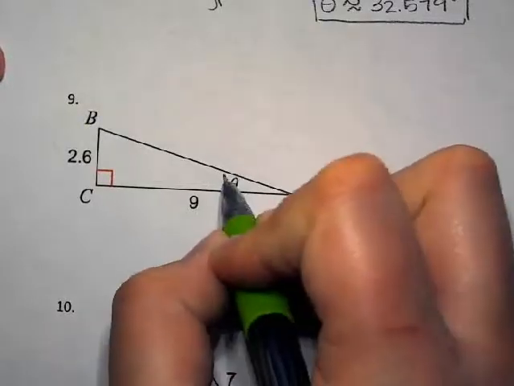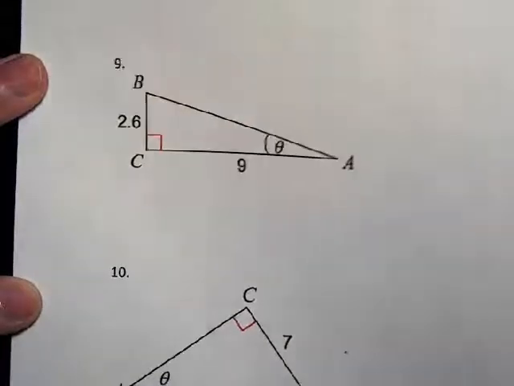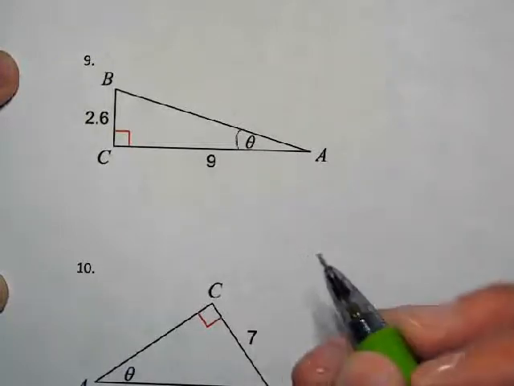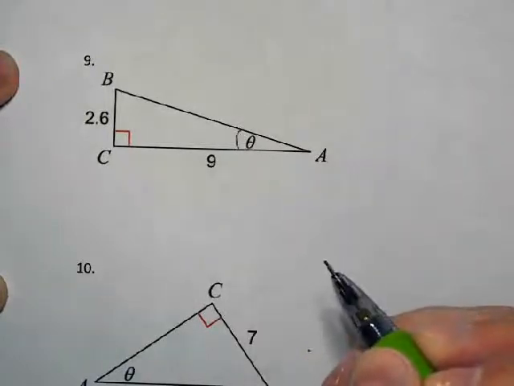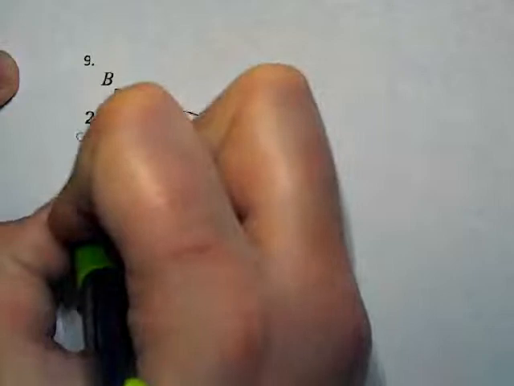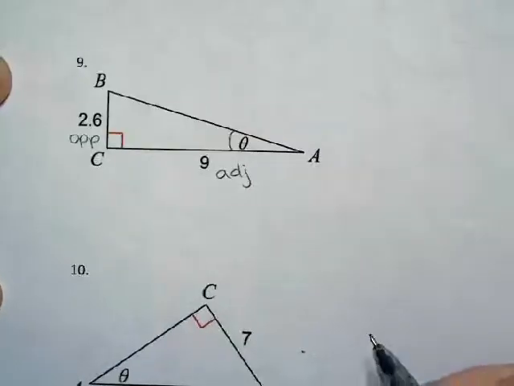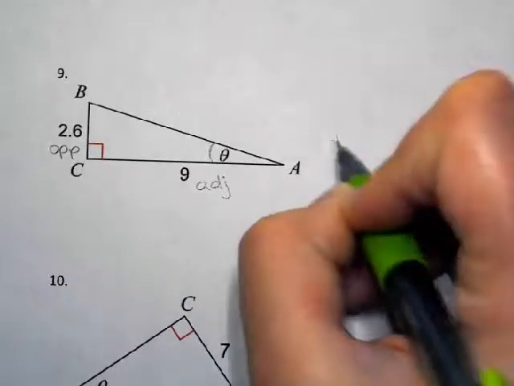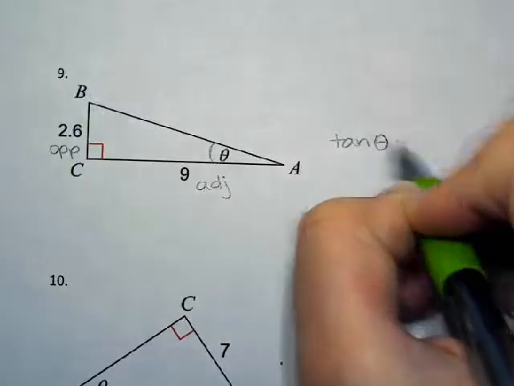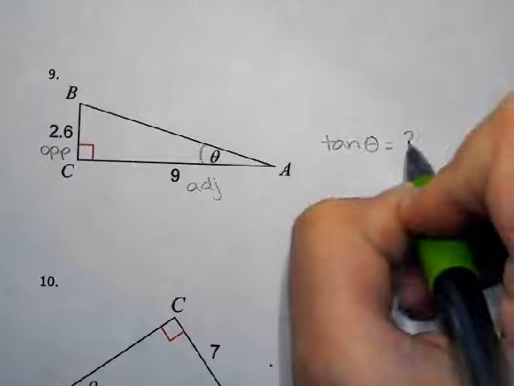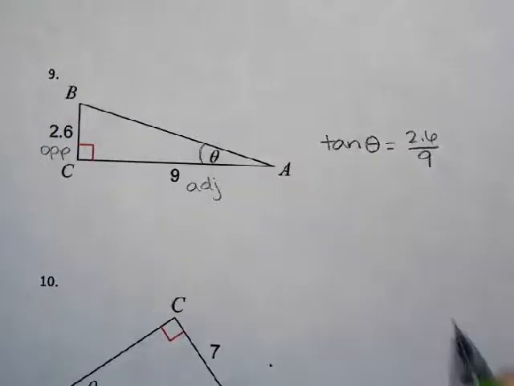All right, here's the theta. What should we call the 2.6? Opposite. What should we call the 9? Adjacent. And so what trig ratio are we going to use for number 9? Tan. So we're going to say tan theta equals 2.6/9. And then what are we going to do from there?